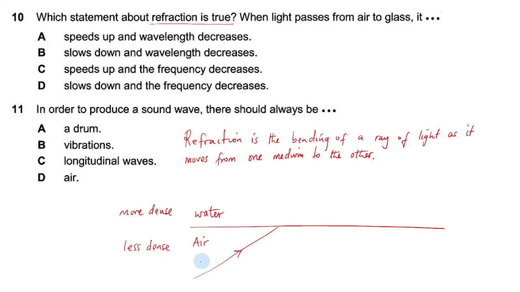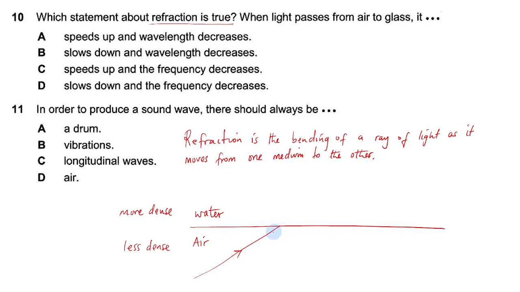So when a ray of light is moving from a medium like air, which is less dense, into water, which is more dense, the ray should bend. But if this was air, the ray would continue going straight. But if it is a different medium like water, which is heavy, it will bend.